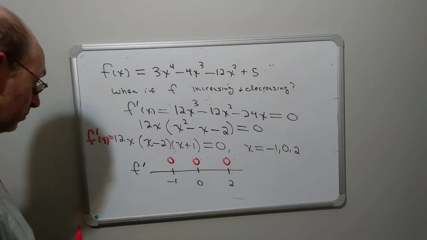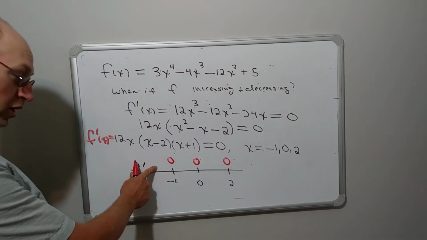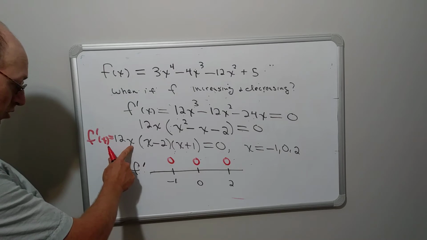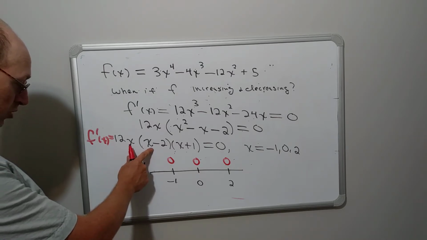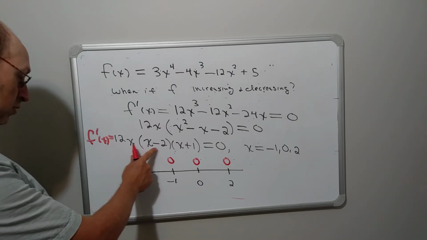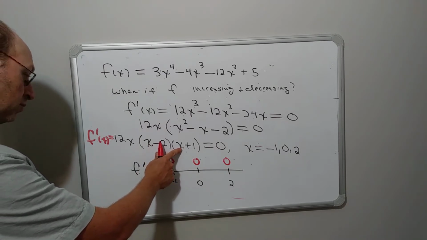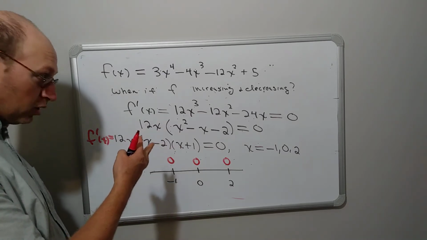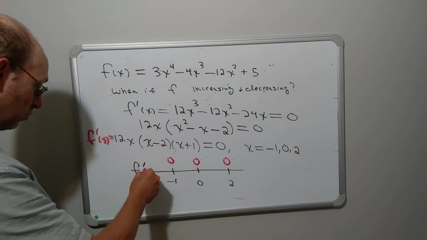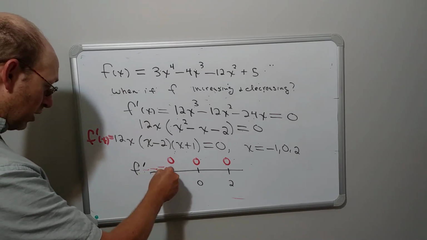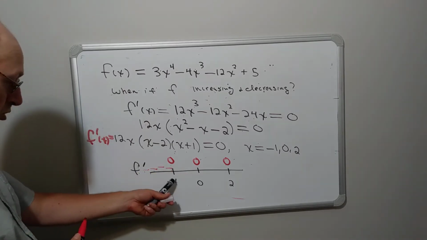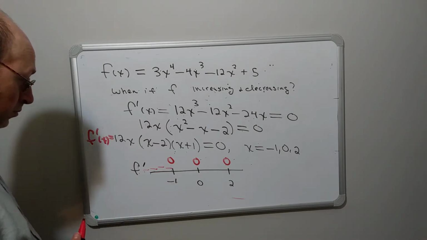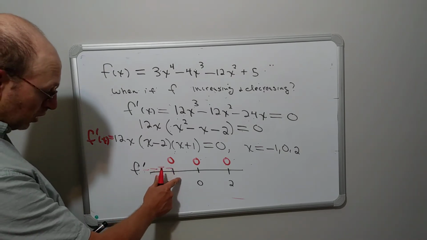So let's see. Let's try -10. A negative times a negative times a negative. 3 negatives multiply to give you a negative number. So the conclusion is you're negative everywhere to the left of -1. Let's try a number between -1 and 0.